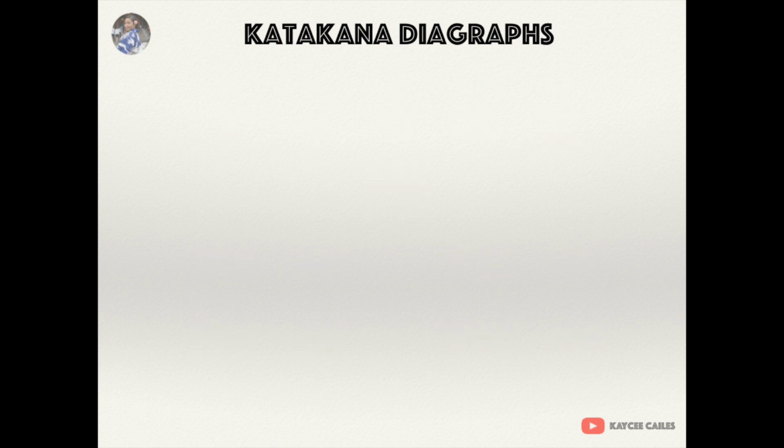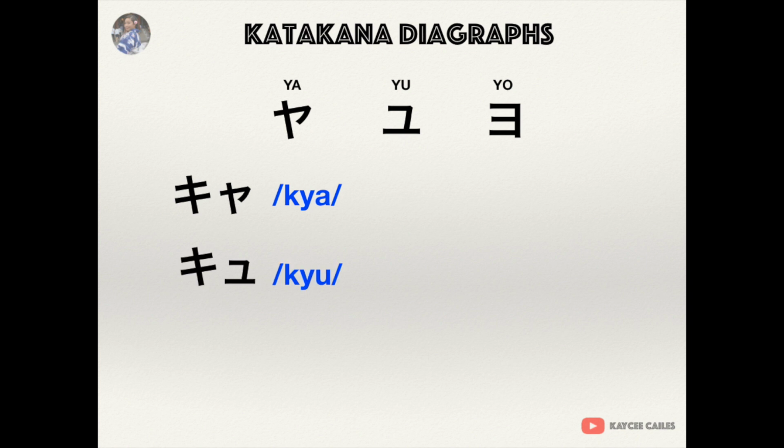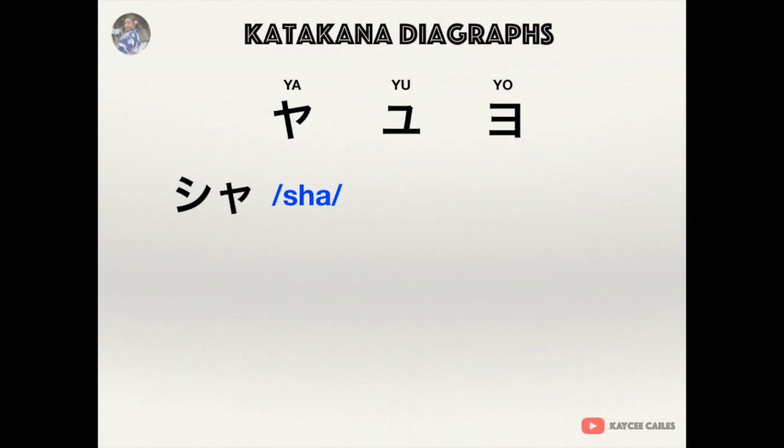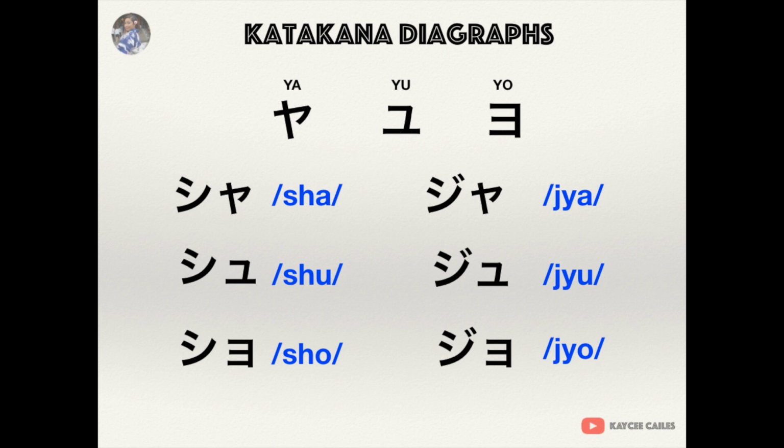Just like in hiragana, we also have the digraphs for ya, yu, yo. We have kya, kyu, kyo. Sha, shu, sho. Ja, ju, jo.